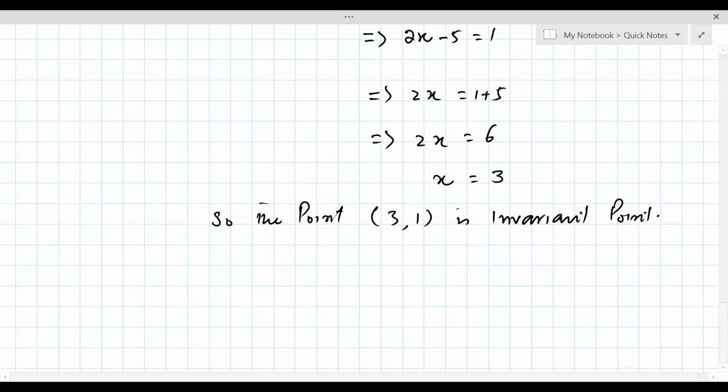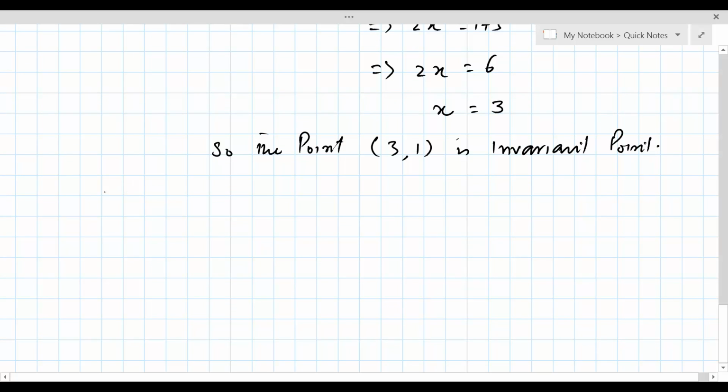And let's also find the second invariant point. For the second invariant point, substitute y is equal to minus 1.